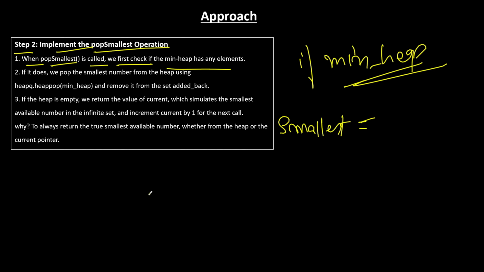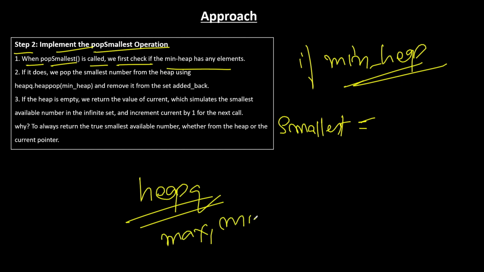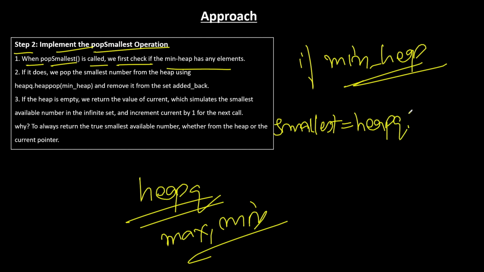Since in Python we use heapq for max and min heaps, we will use that here: heapq.heappop. When we do heappop, we pop from the main heap.